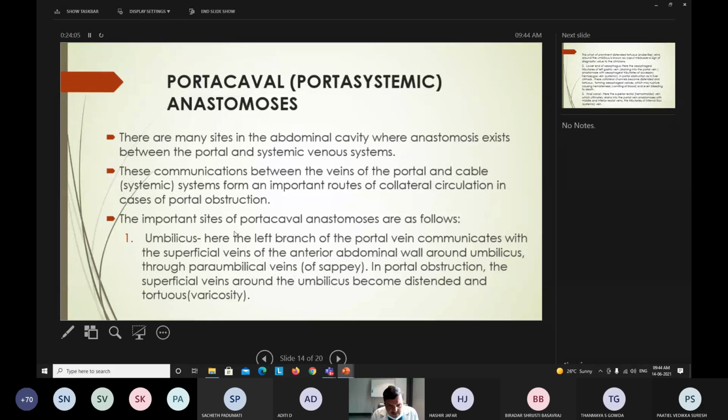So this is the first site of portocaval anastomosis, the very important site around the umbilicus.